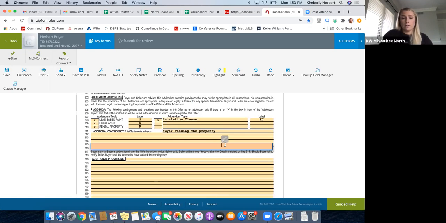In the event buyer disapproves of property for any reason, buyer may, at buyer's option, terminate this offer by written notice delivered to the seller within 3 days after this deadline. And should buyer fail to notify the seller, the buyer shall be deemed to have waived this contingency.